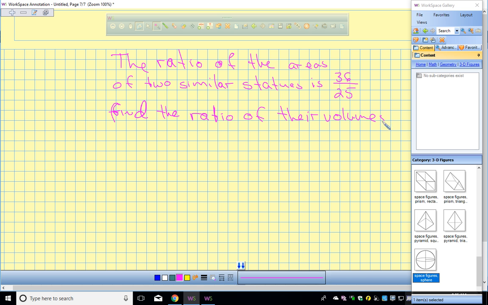And this is a good problem. If the small statue weighs 2 pounds, how much does a big statue weigh?